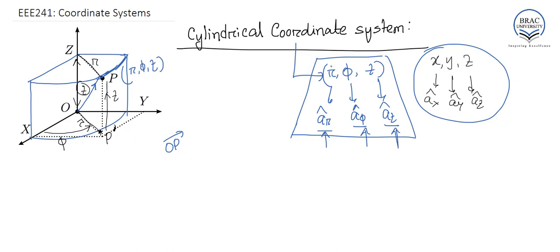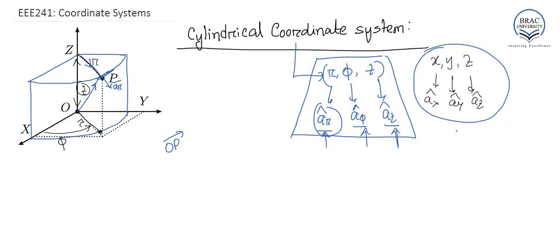As for the variable r, we know that this is the distance of the P point from the z-axis, right? So this is the length of this line. So the ar vector, the unit vector over here, should be pointing towards the radial direction. Let's tidy up this picture a bit. The ar unit vector should be pointing directly outwards from the z direction, along the radial line over here.